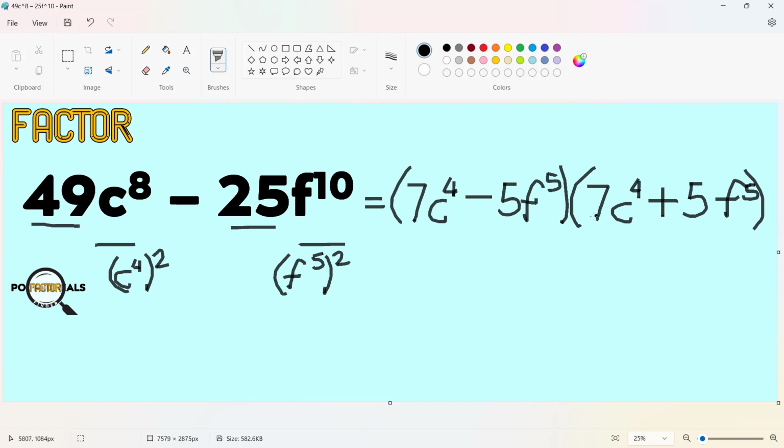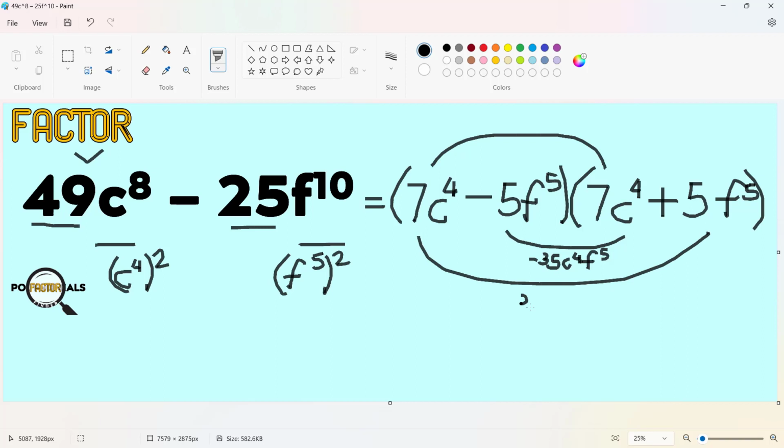Now, if you're not convinced, you could always use the FOIL method. 7c to the power of 4 times 7c to the power of 4 is 49, and then adding the exponents gives c to the power of 8. We achieved the first term. Negative 5 times 7 is negative 35, so it's negative 35 c to the power of 4 f to the power of 5. And then multiplying the other terms, 7 times 5 is positive 35 c to the power of 4 f to the power of 5.